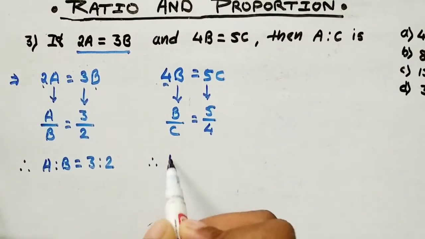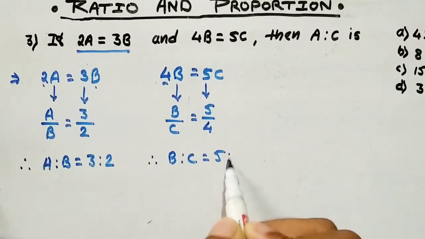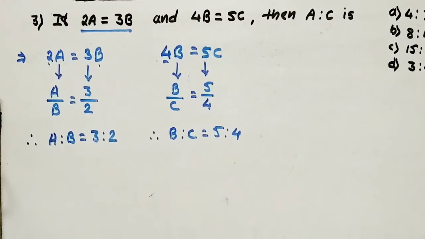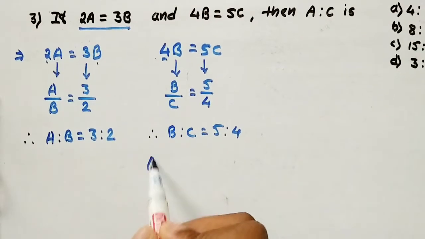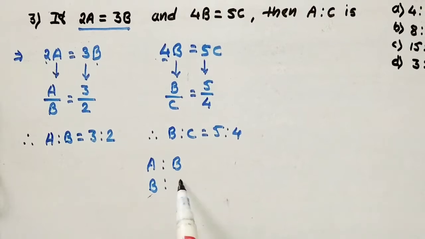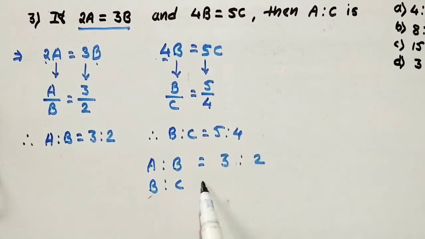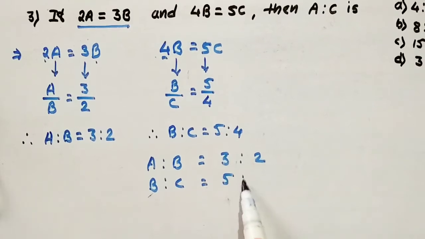So I can write here B is to C is 5 is to 4. So find out A is to C. Clear? So 3 is to 2, 5 is to 4.